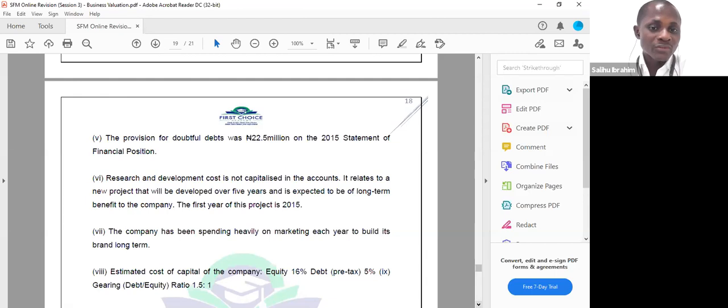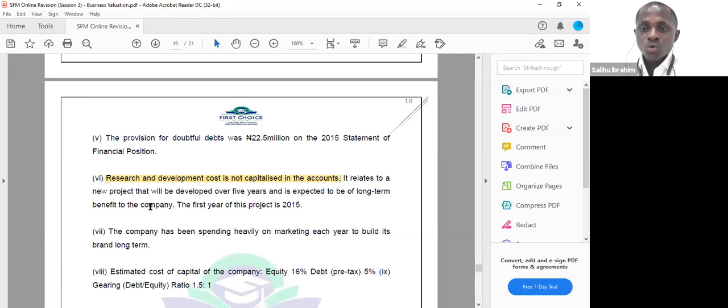Note 6: research and development cost is not capitalized in the accounts. Look at it. And what is the principle of EVA? EVA says that whether your R&D expenditure meets the requirement for capitalization as set out in IAS 38 or not, you must capitalize.